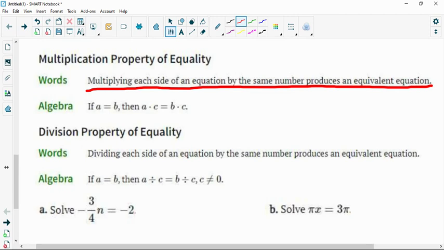In math symbols, the way we've shown that is take the equation A equals B. It is okay to multiply both sides of that equation by another value, as long as it's the same value to both sides. You get an equivalent but new equation.